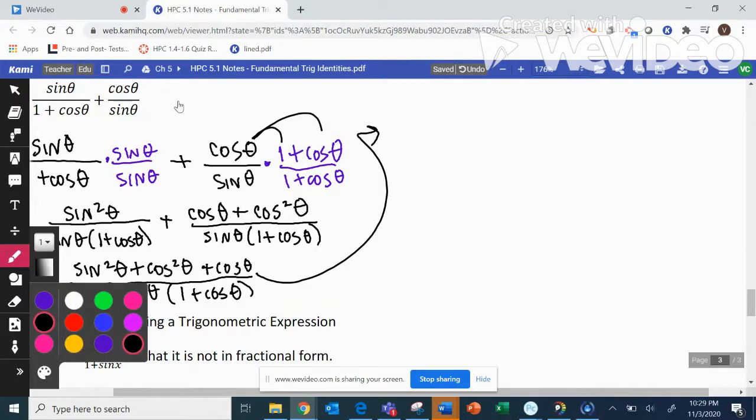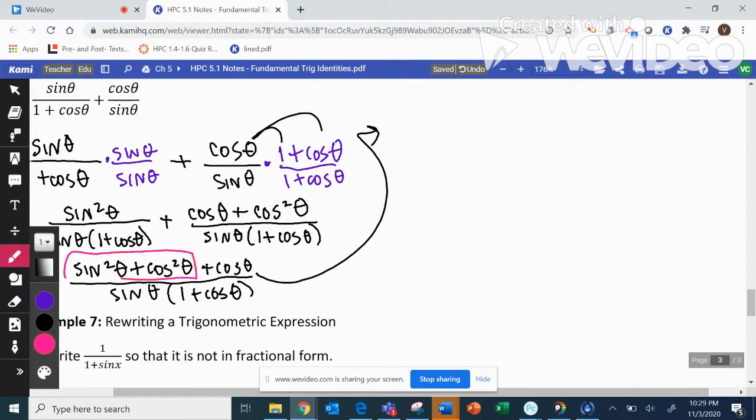So sine squared theta plus cosine squared theta is equal to 1, so the numerator is 1 plus cosine theta.